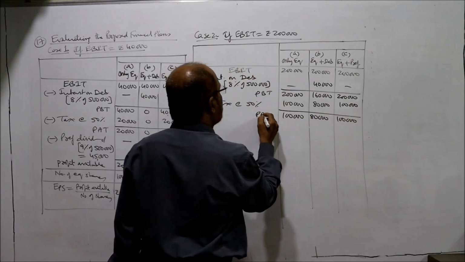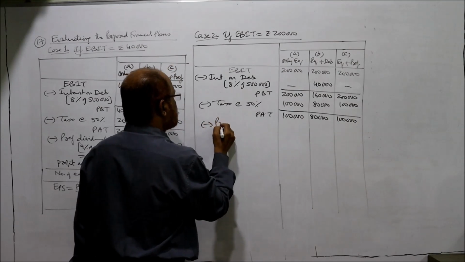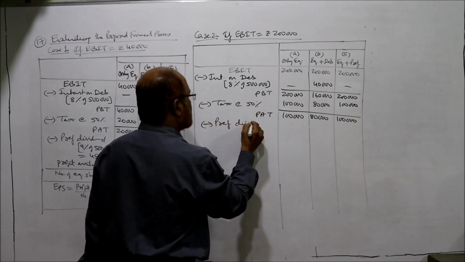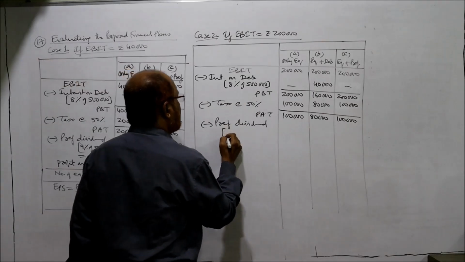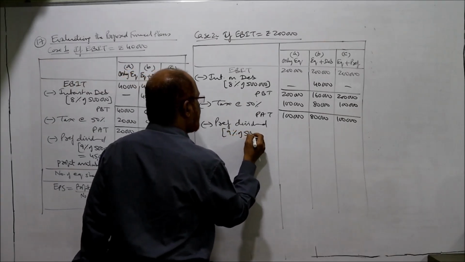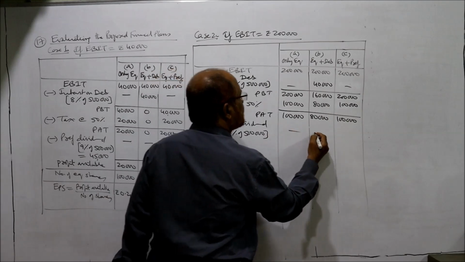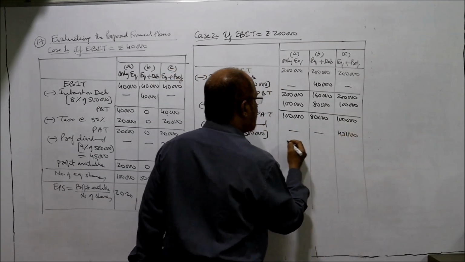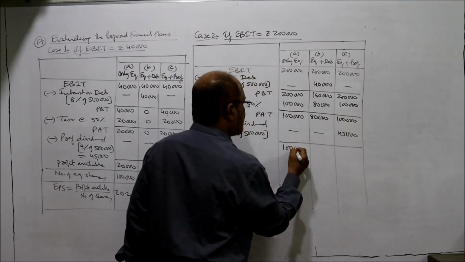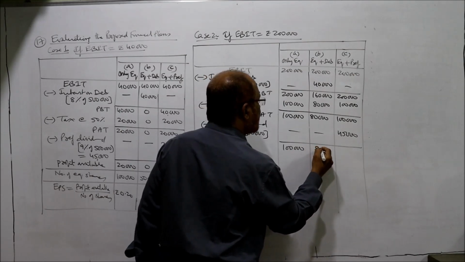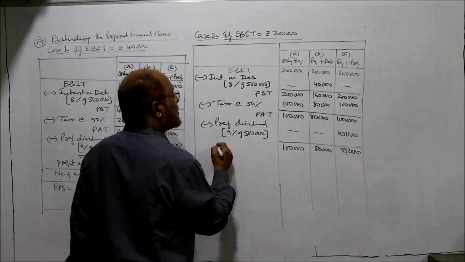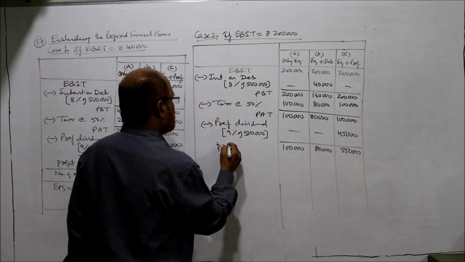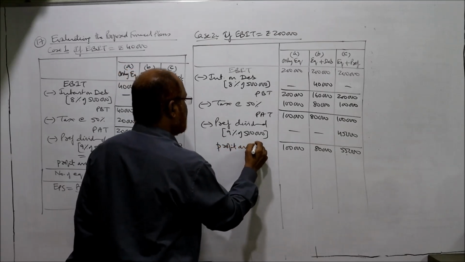This is the PAT. Less preference dividend. The preference dividend is 9% of 5 lakh, 45,000. Profit available, 55,000.